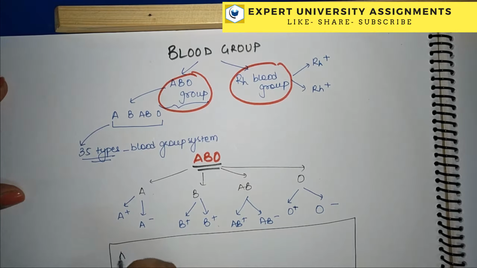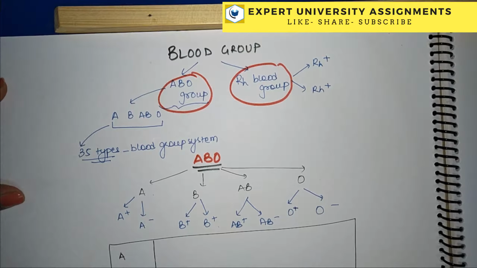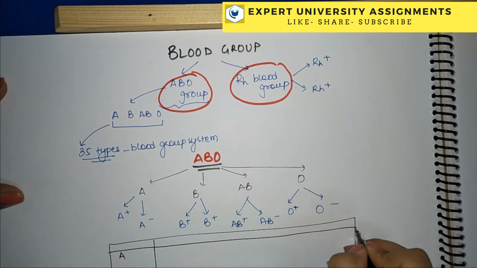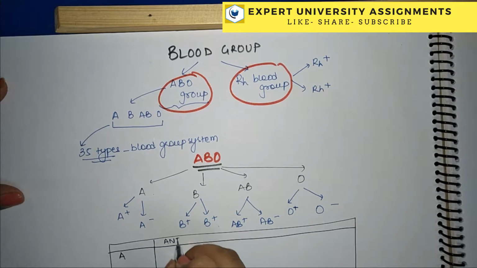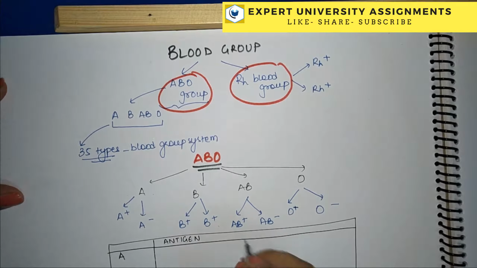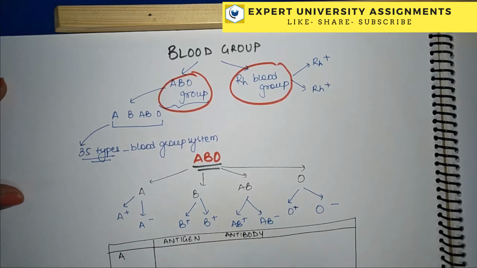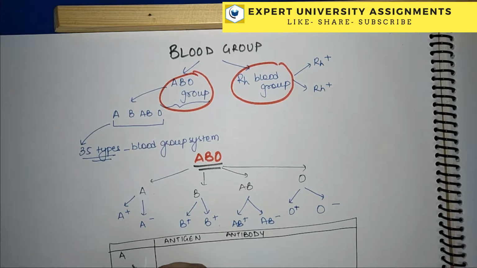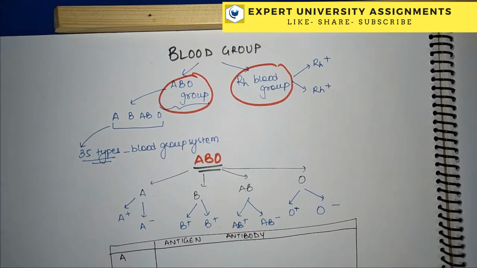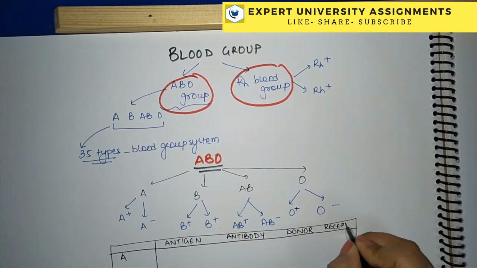Now coming back straight away to what is actually blood group A. See, blood group A or blood group B or blood group AB or blood group O is defined on the basis of what antigen it has or what antibody it has, and then we decide that blood group A, B, AB and O can act either as a donor to some blood groups or as a recipient to some blood groups.